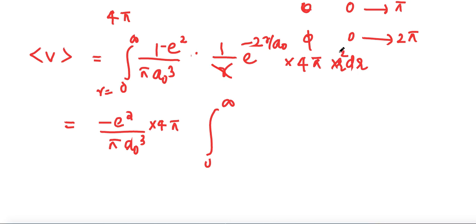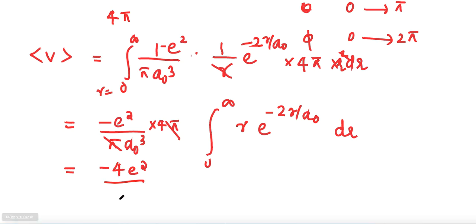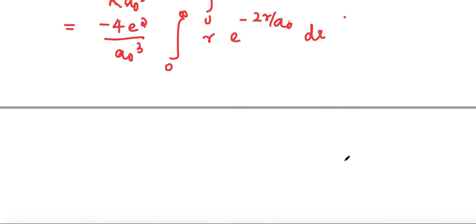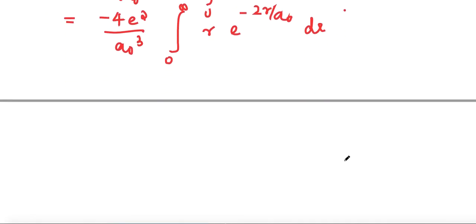This r and this r square will get cancelled, so we remain with e raised to minus 2r by a0 dr. So it is minus 4e square by a0 cube, integral 0 to infinity of r e raised to minus 2r by a0 dr. This is just like the integral of a product.